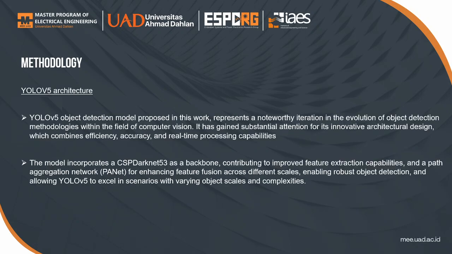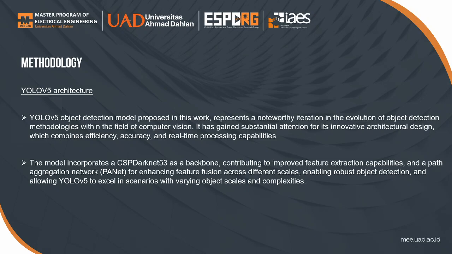The YOLOv5 object detection model proposed in this work represents a noteworthy iteration in the evolution of object detection methodologies within the field of computer vision. It has gained substantial attention for its innovative architectural design, which combines efficiency, accuracy, and real-time processing capabilities.